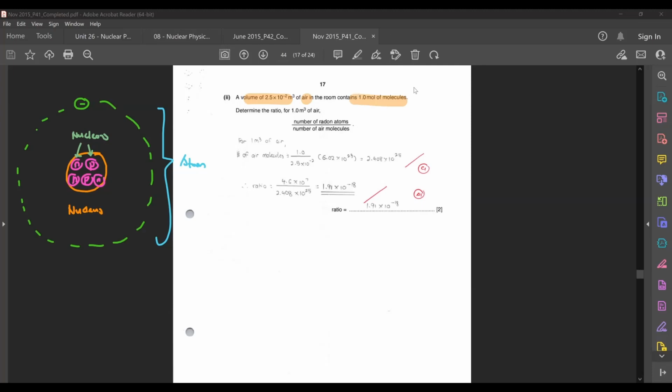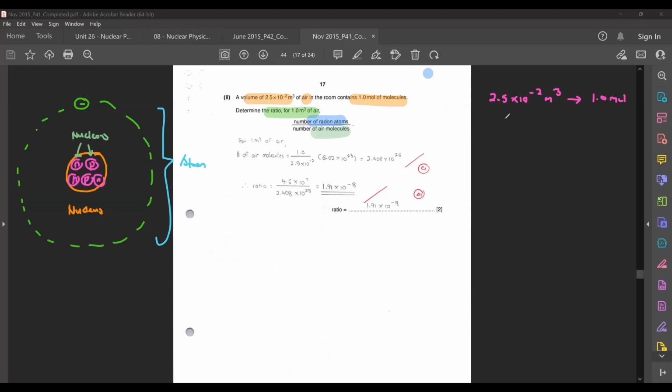Find out the ratio for 1 meter cube of air, the number of radon atoms to the number of air molecules. Okay. So what you can see from here is basically this. If you are talking about 2.5 times 10 power minus 2 meter cube of air, that one contains 1 mole of air molecules. All right.